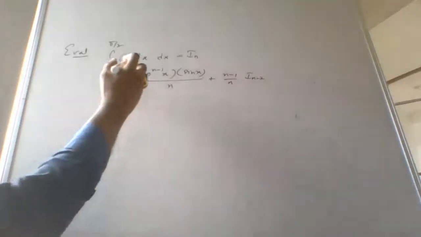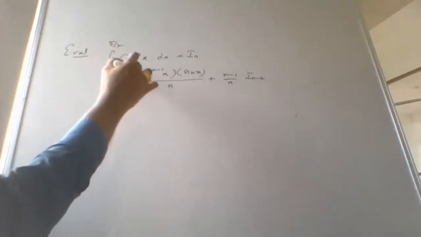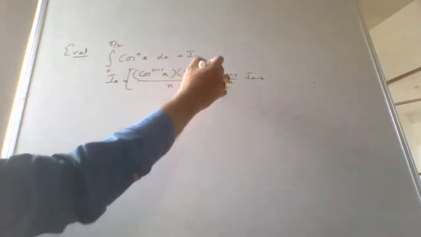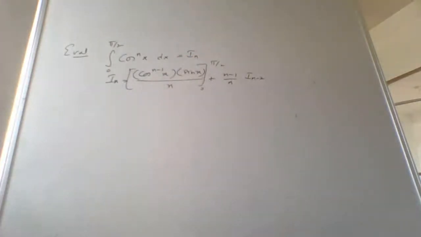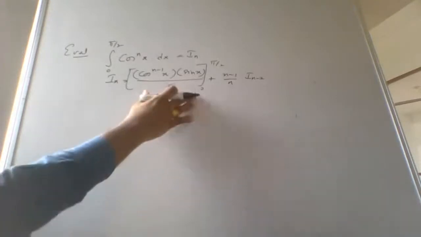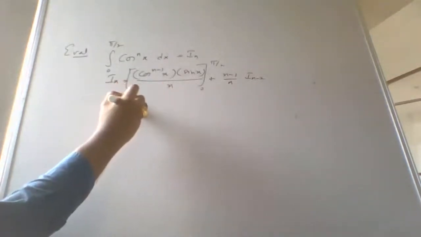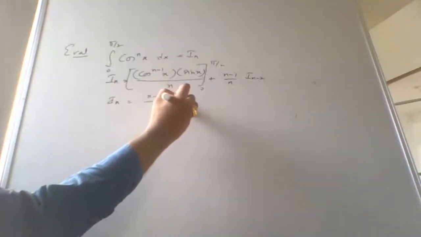Now here I have the limits 0 to pi by 2, and the limits won't affect the recurrence. If I simplify this, this part becomes 0. I will be having only I n as n minus 1 divided by n times I n minus 2. So this is the result which I get.